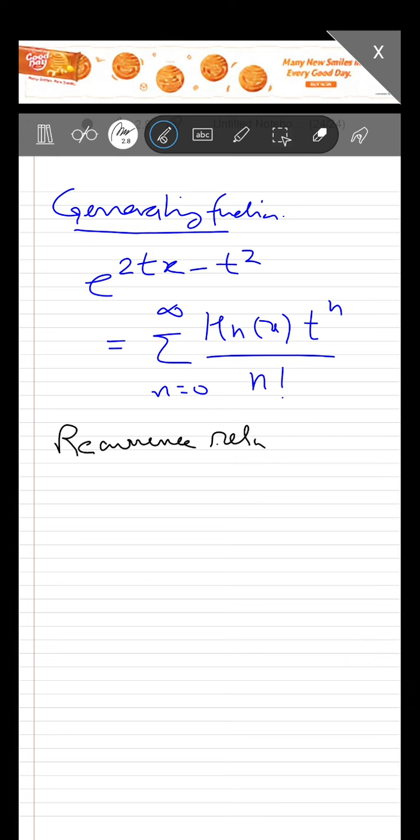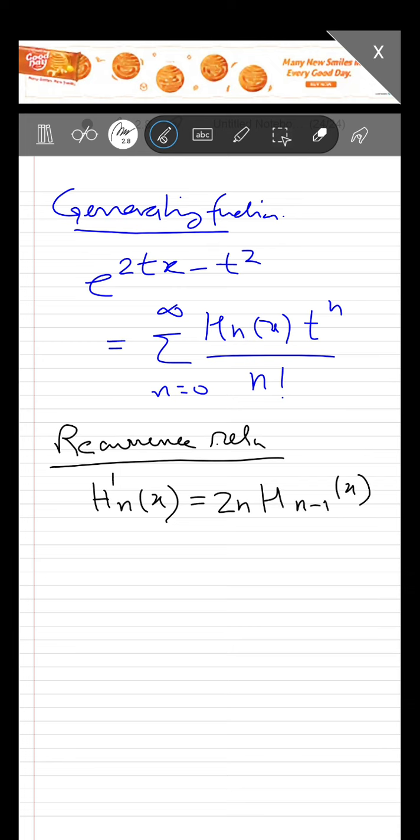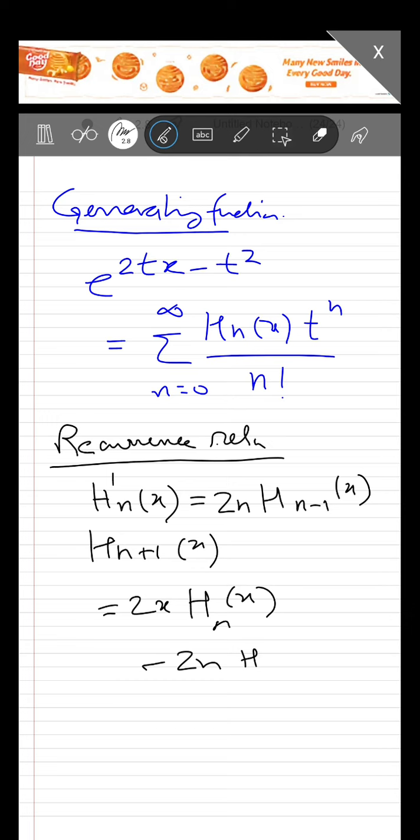Recurrence relations for Hermite polynomial are H_n dash (x) is equal to 2n H_(n minus 1)(x), and H_(n plus 1)(x) is equal to 2x H_n(x) minus 2n H_(n minus 1)(x).